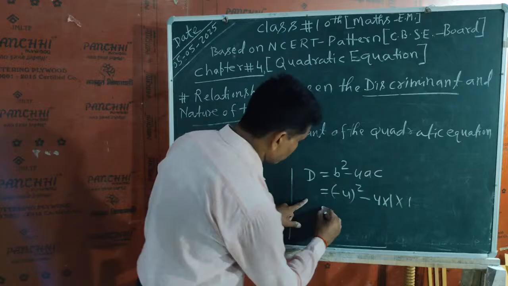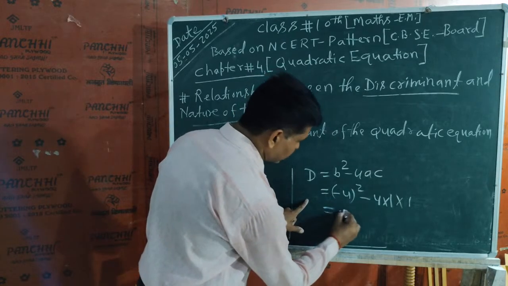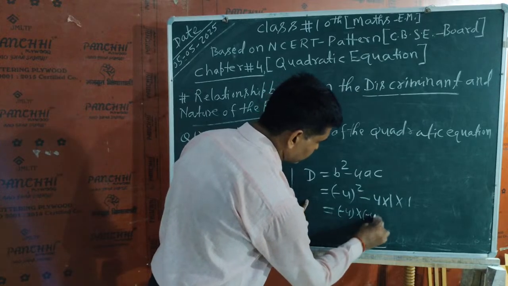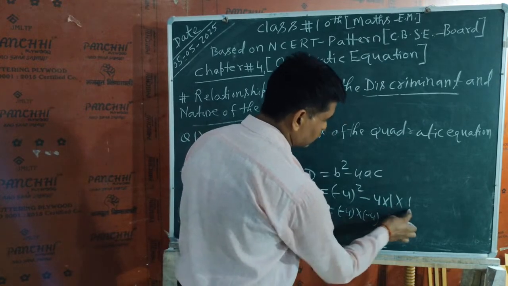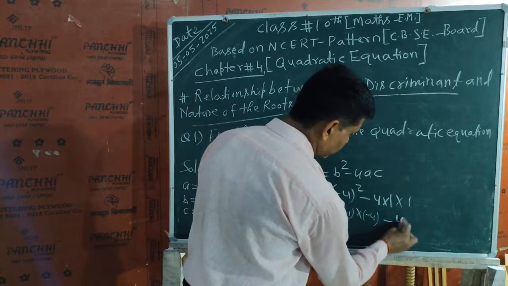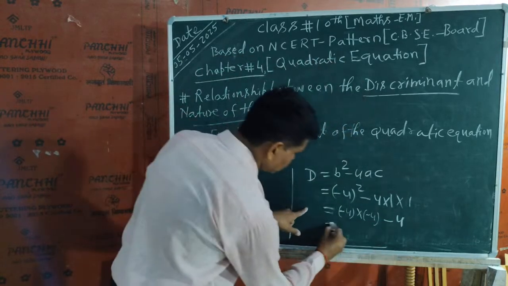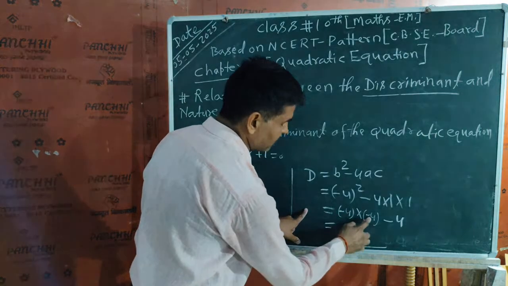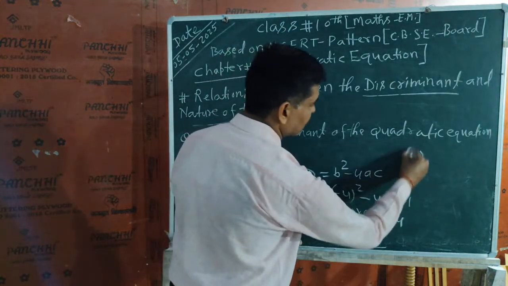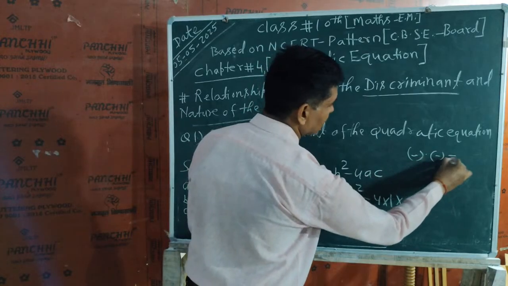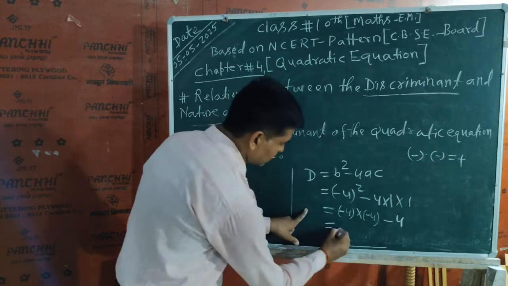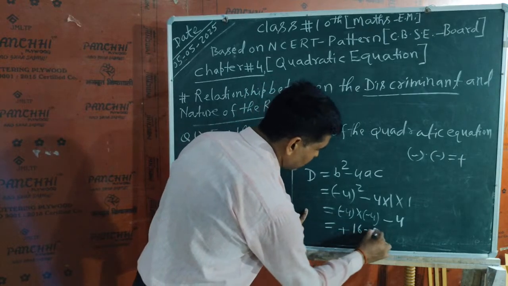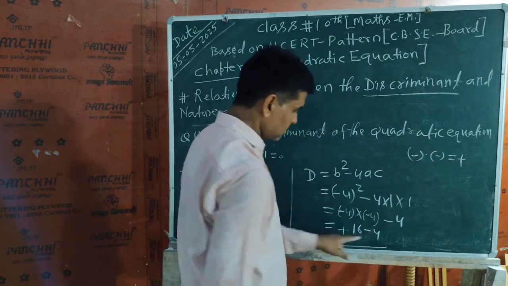Okay students, so I will simplify. Minus 4 whole square is minus 4 into minus 4, minus 4 into 1 into 1. Minus and minus multiplication gives plus, so 4 into 4 is 16. Then minus 4.